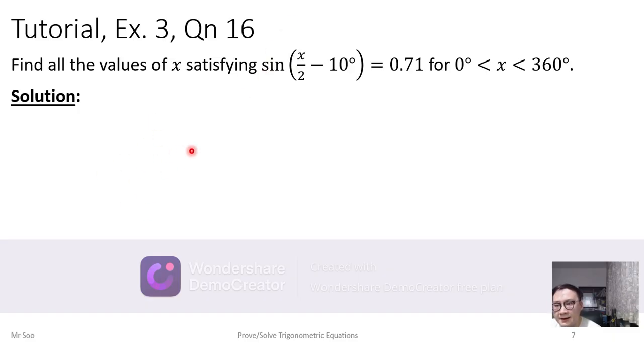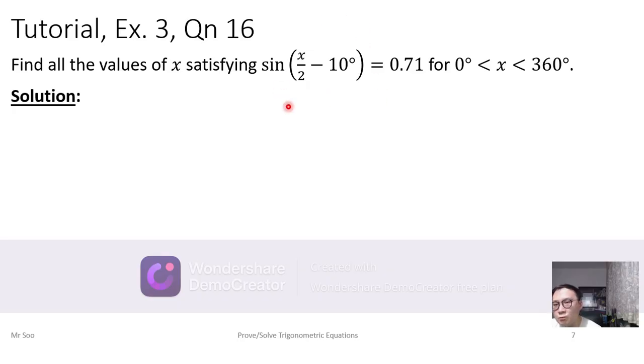Sine bracket a minus b, and then you expand, you get sine a sine b minus cos a cos b. You may want to do that, but you may still get the final answer in the end, but it's a long process. In fact, a clever way is to use appropriate substitution.